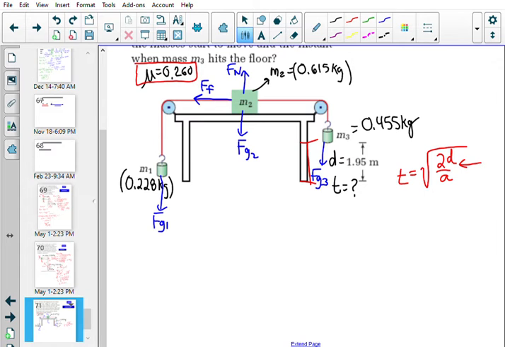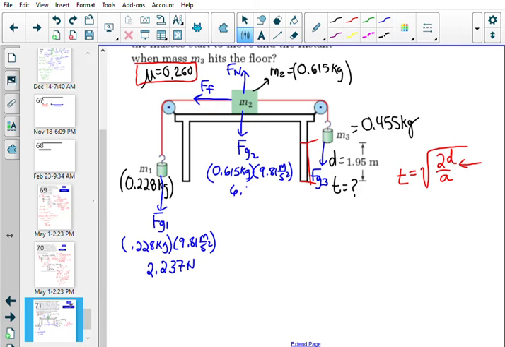So I'm just going to work out all these numbers separately before I start plugging into the formula. Fg1 is mass 1, so 0.228 kilograms times 9.81 meters per second squared, which comes out to 2.237 newtons. m2 is 0.615 kilograms times 9.81 meters per second squared, and that's going to come out to 6.033 newtons.